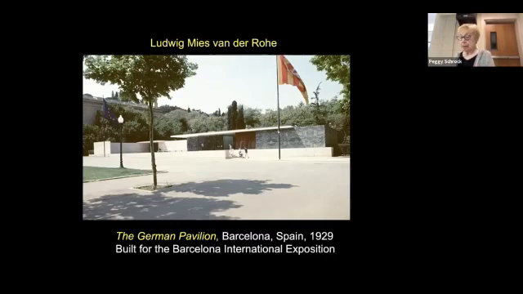This is not meant to be a sort of... that's what he called it, or an abstract shelter.